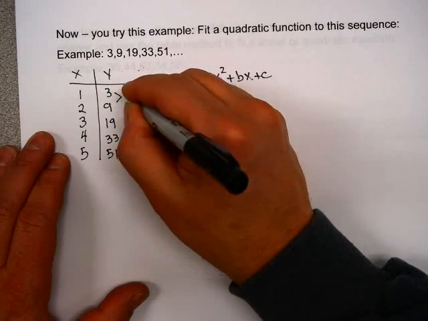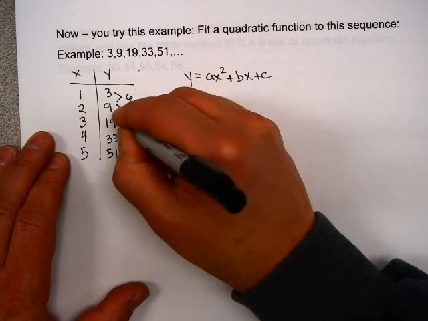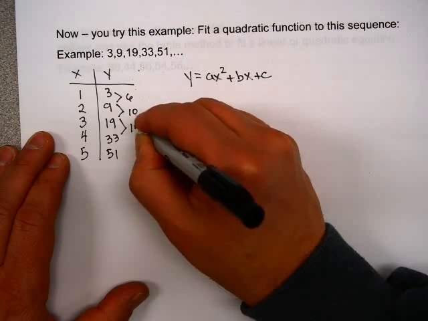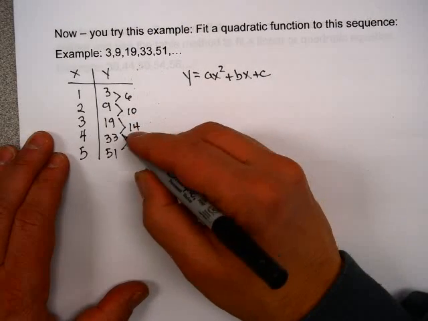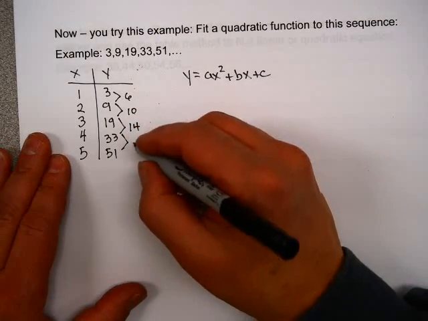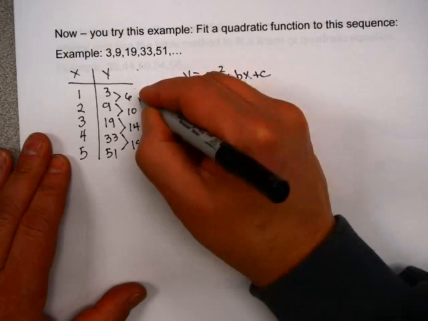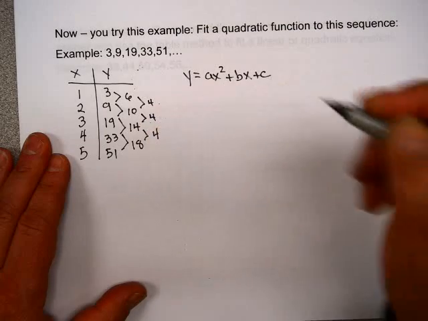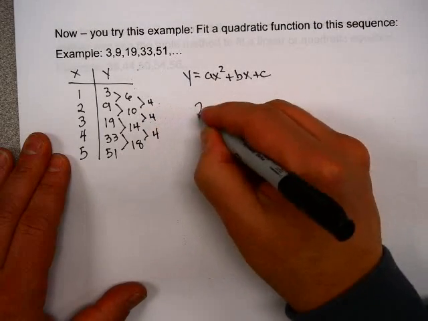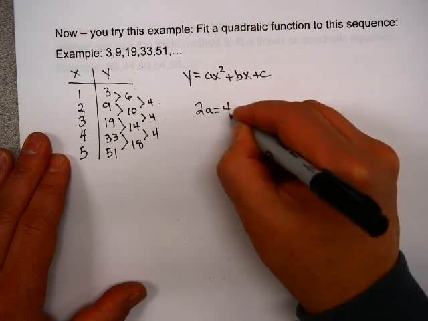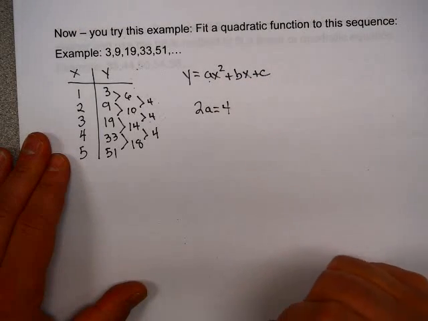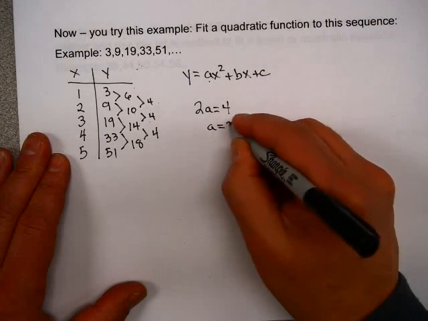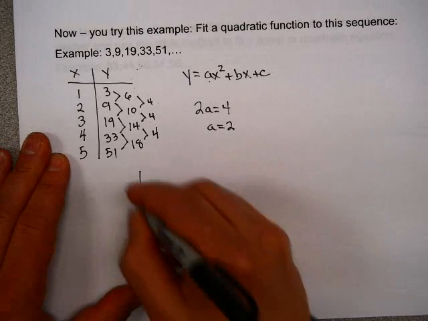So the first difference here is 6, 10, let's see, 14, and let's see, that should be 18. That makes a second difference of 4. The second difference is constant, so this is quadratic. That second difference equals 2 times A, where A is the A in the quadratic equation, so A has to be 2.